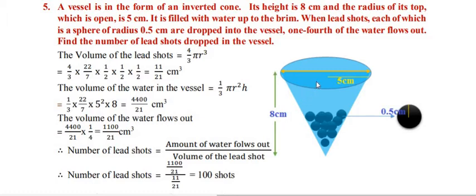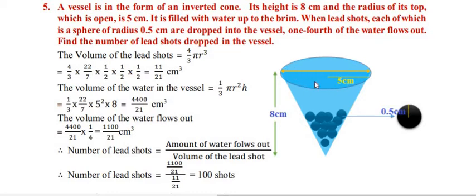Students, the vessel, which is in the form of an inverted cone, has a height of 8 cm and a radius of 5 cm at the top. It is filled with water up to the brim.